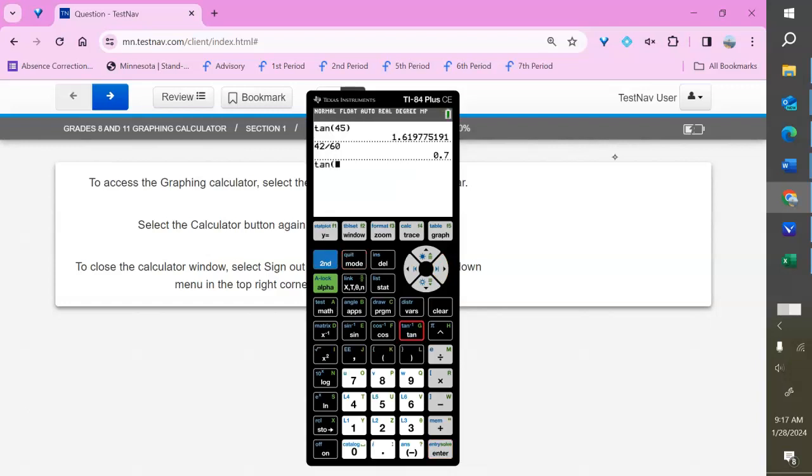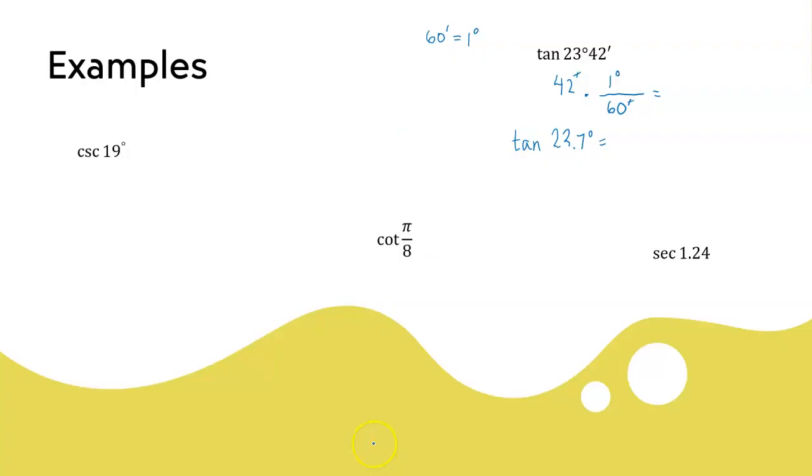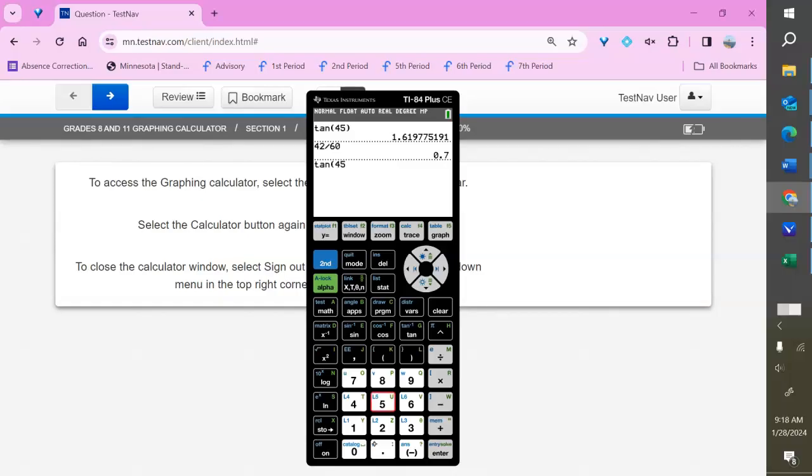I'll do tangent of 23.7. That gives me the tangent ratio that my calculator can calculate for me. We're going to get used to rounding to 3 places to the right of the decimal, so 0.439.